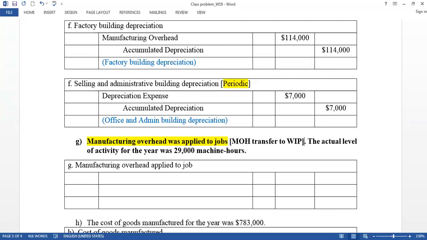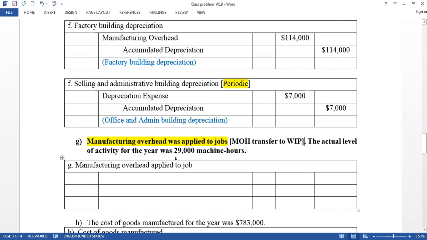That's why we use predetermined overhead rate. So when manufacturing overhead is applied to WIP, it should be the estimated number.